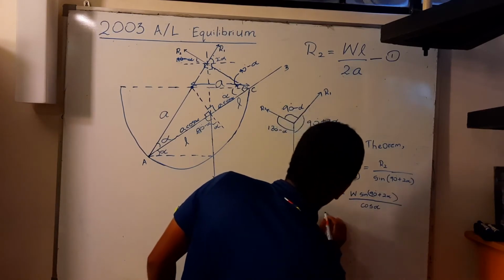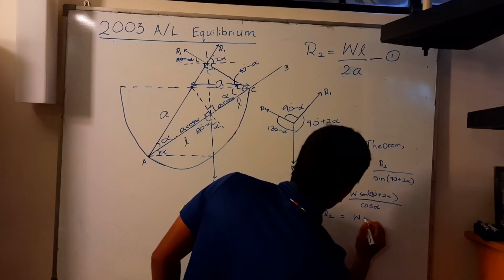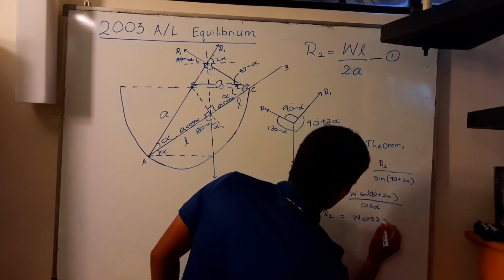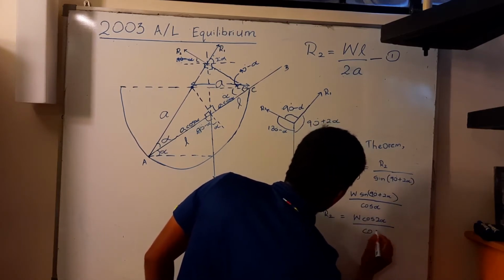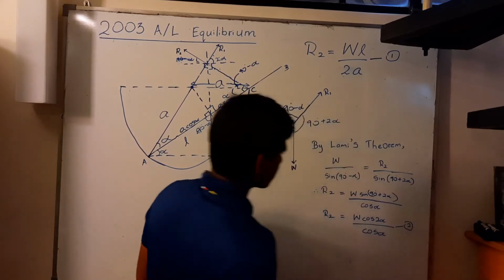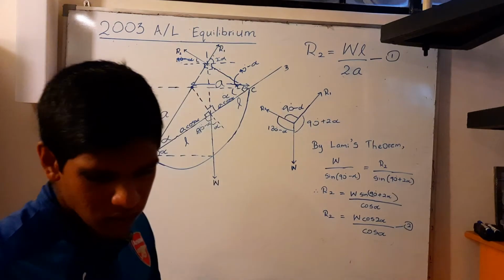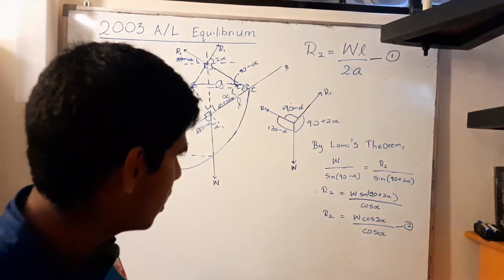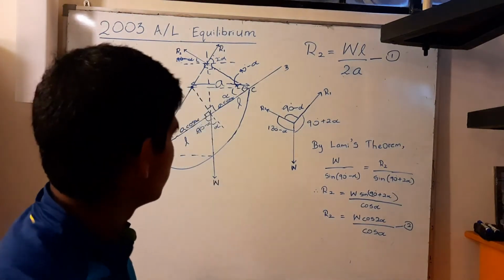So R2 equals W cos 2 alpha over cos alpha, and that can be equation 2. So basically we found another relationship between R2 and W.